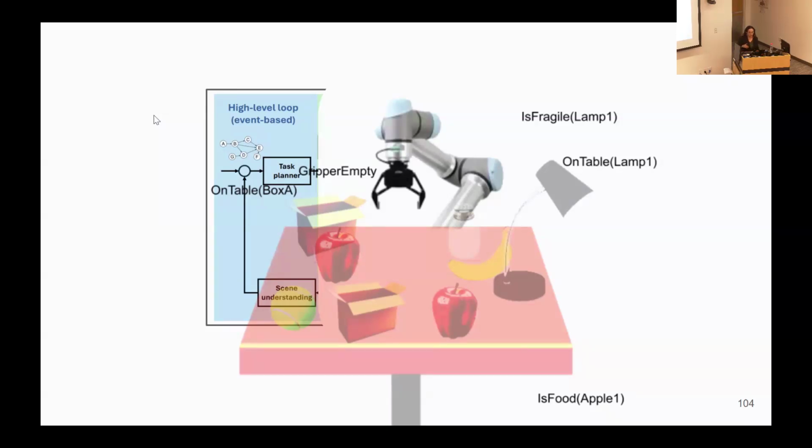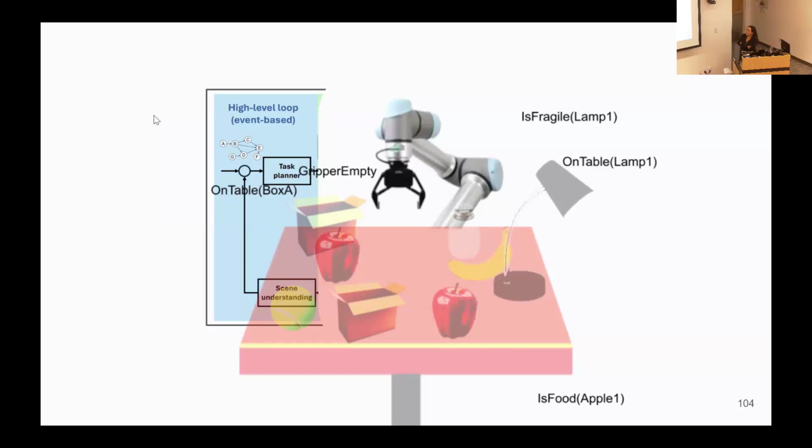We need to be able to represent the environment in an effective way, understanding what are the important predicates that need to be maintained. And hopefully I managed to convince you that actually maintaining them is a challenging task. Understanding how to fuse all these sources of information into a unified state estimation component is not a trivial task.